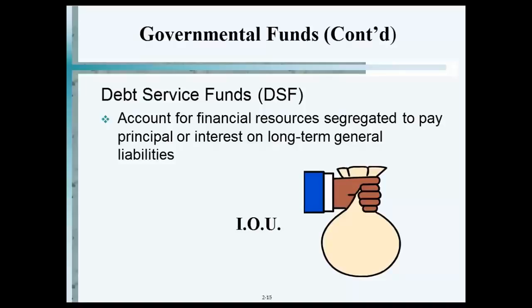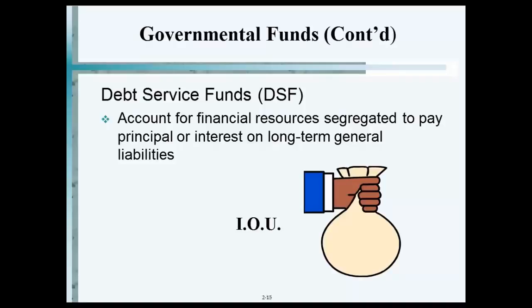But what bondholders do at the same time is they want to make sure they get paid their principal and interest right on time. And what they put into the bond covenant, or the bond agreement, or the bond indenture, is a provision which says that you will deposit the principal and interest for repayment into a debt service fund. So when I come knocking on your door on December 31st for my payment, you're not going to say, oops, I spent it.